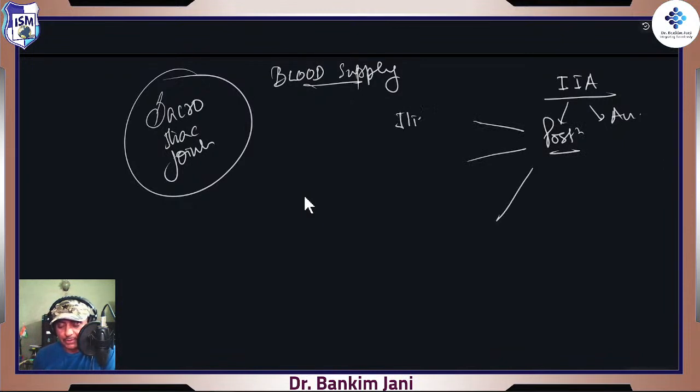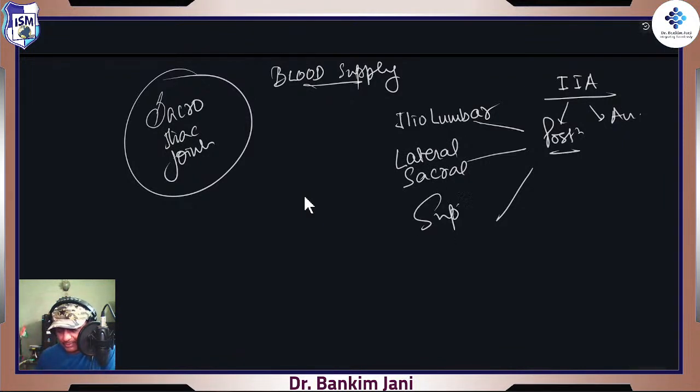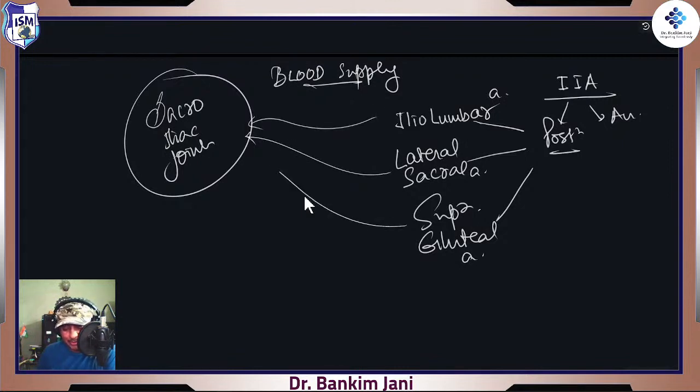Which were iliolumbar, correct? Then the second one was lateral sacral, right? And the third one was the superior gluteal. Yesterday only we talked about it. All of them will be happily giving blood supply to this. Will they be going directly? No. They will just be sending twigs. When we say twigs, that means small branches, right?